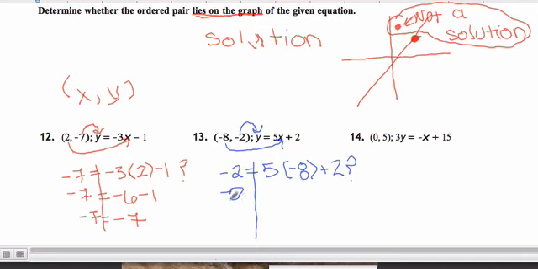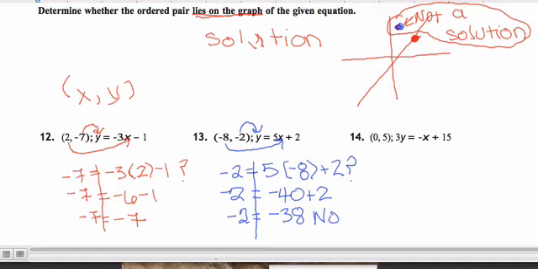So is -2 equal to -40 plus 2? Okay, so is -2 equal to -38? Nope. So this is a point off of the line.